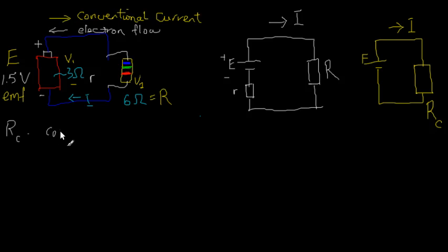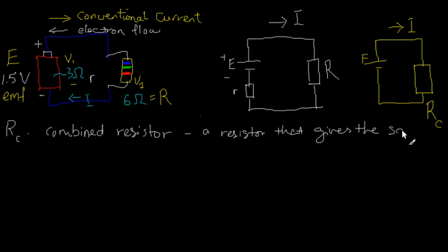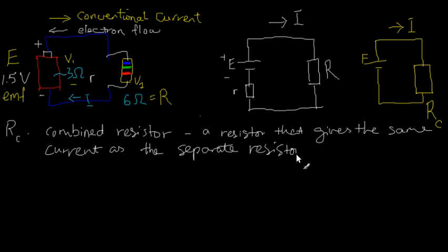We call this a combined resistor: it is a resistor that gives the same current as the separate resistors together.